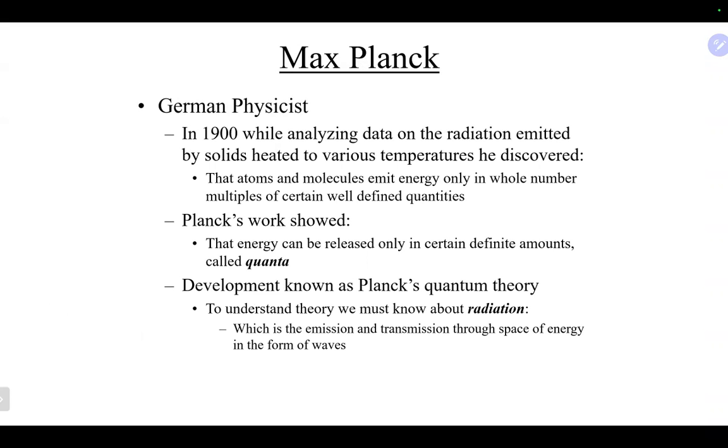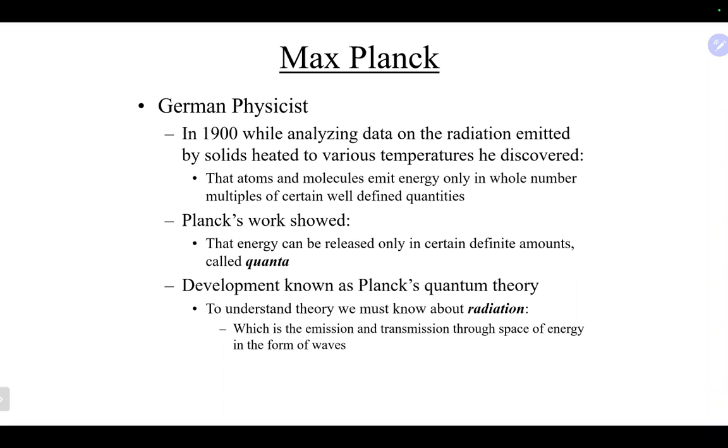A lot of modern ideas here in terms of electrons and what happens as electrons transition from one energy level to the next was done by a guy named Planck. He did a lot of work with radiation.